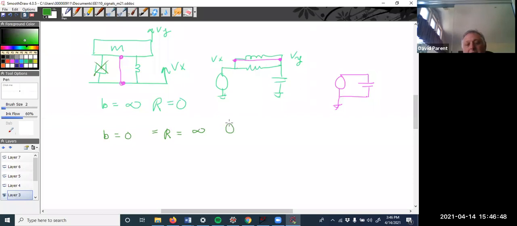So if resistance isn't there, then that resistance, you just take it out. And you're left with this, and it oscillates, right?